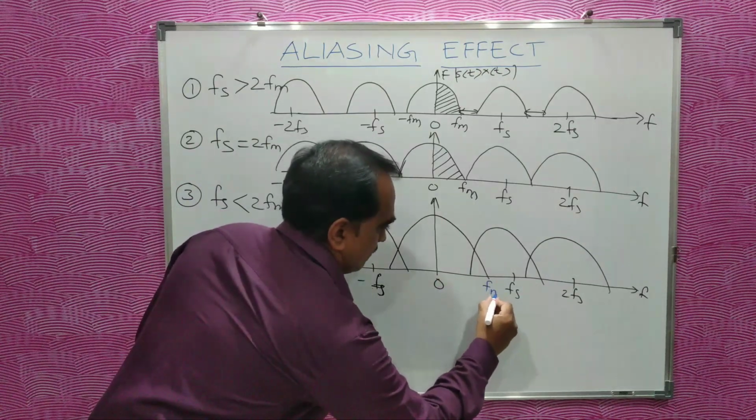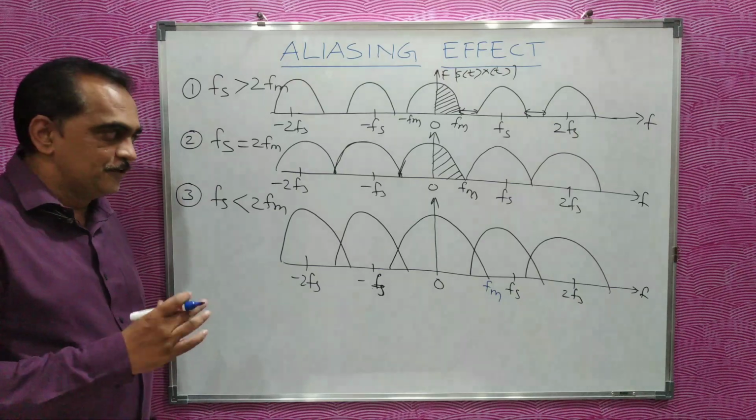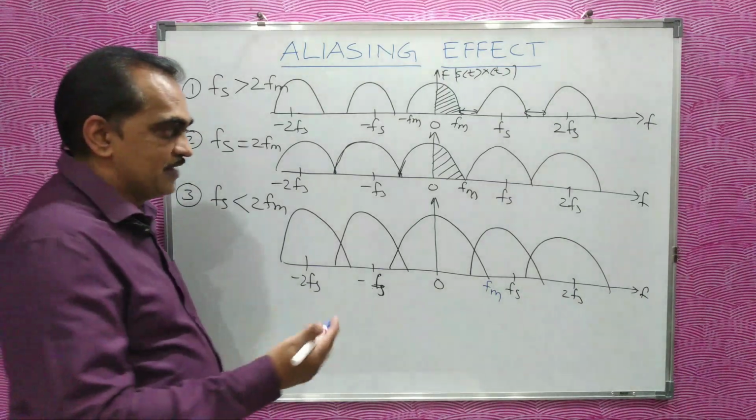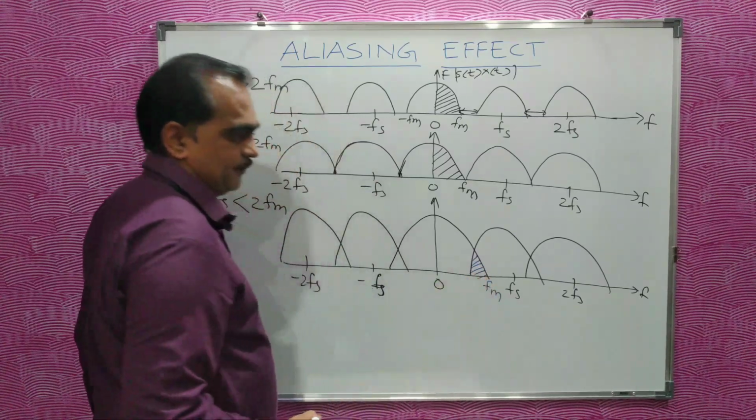Now if you see the frequency spectrum of the first term and the second term of the adjacent pulse, they will overlap. This is overlapping.